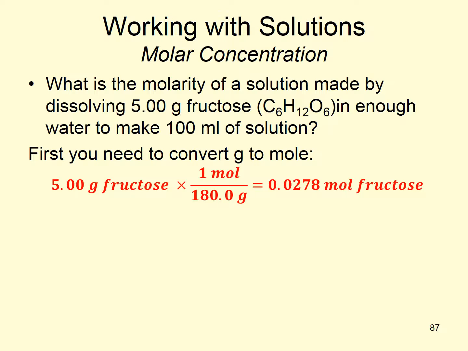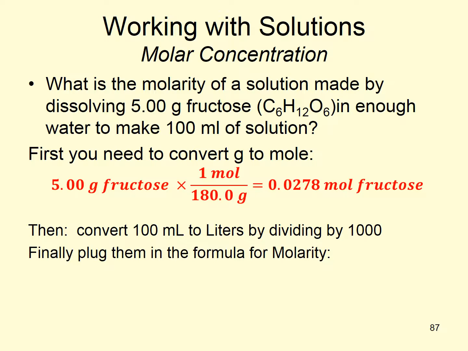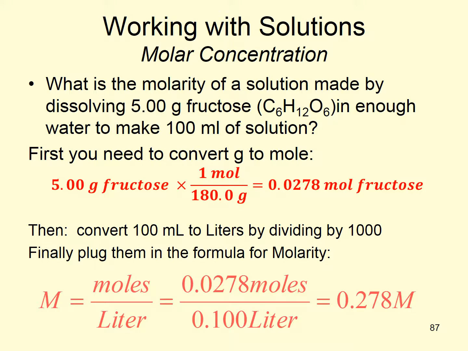And then we already know how to convert 100 milliliters to liters. You just divide by 1,000. And then we can plug it into the molarity formula. And so we have 0.0278 moles divided by 0.1 liter gives us a concentration of 0.278 moles per liter, or 0.278 molarity.